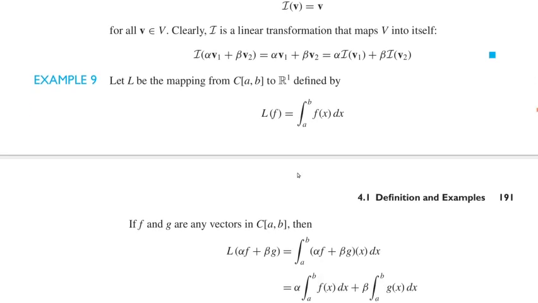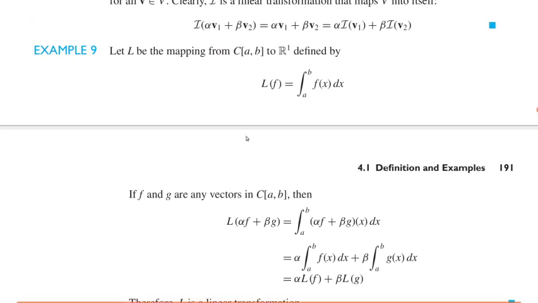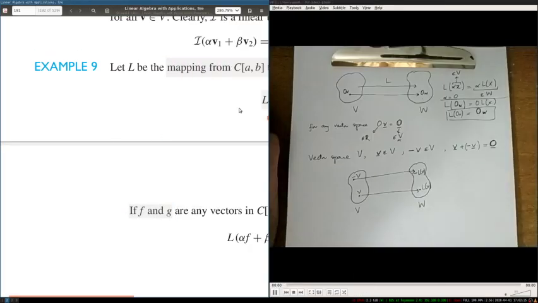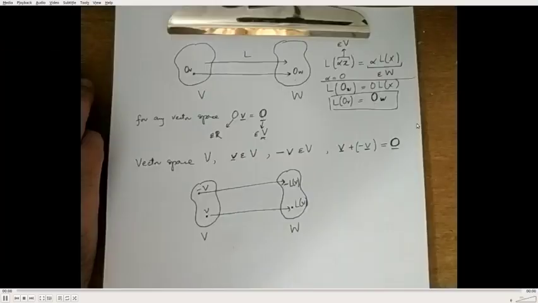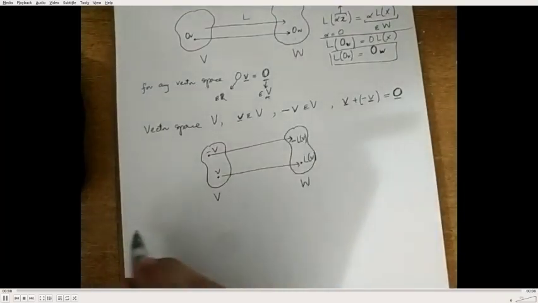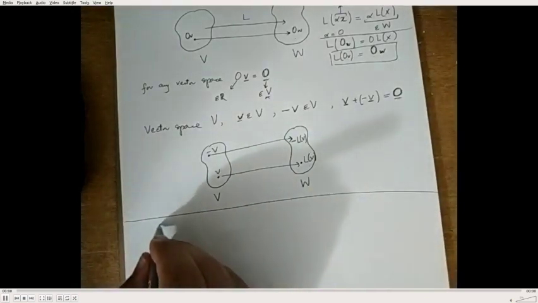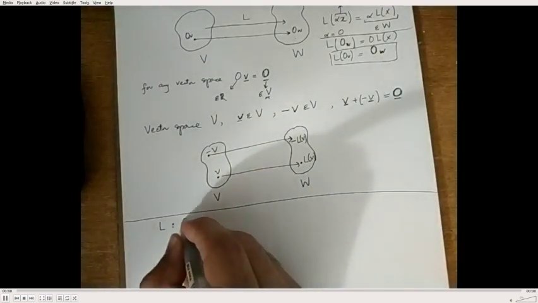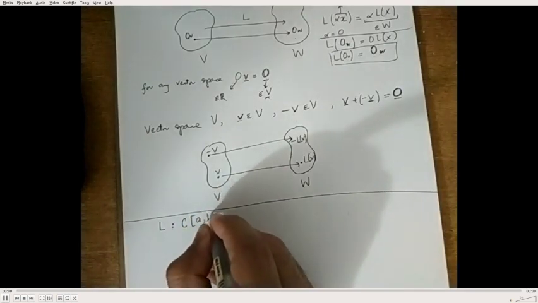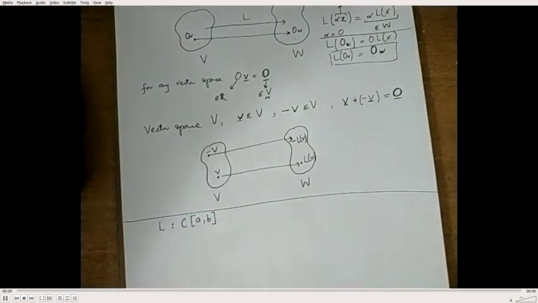Okay. Of course, like I said, we're not limited to just vectors in R2, vectors in R3. We can have functions as well. So now there's an interesting linear transformation that I want you to see. We have a transformation that takes vectors from this space C[a,b], and recall what this space was.